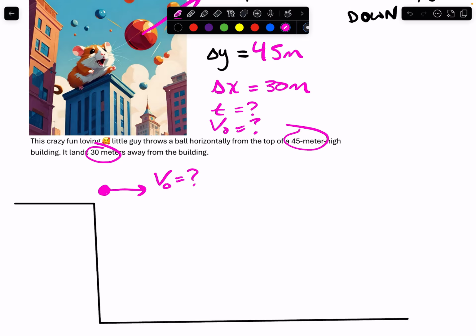So first of all, by drawing everything that we need to know here, just to help us visualize things. So there's your delta y. It's 45 meters. Just seeing the delta y here is 45 meters, some of you are already going to know exactly how long it takes the ball to land. It's exactly the same time it would take if you just dropped it from rest from 45 meters above the ground. If I just let something fall straight down, bloop.